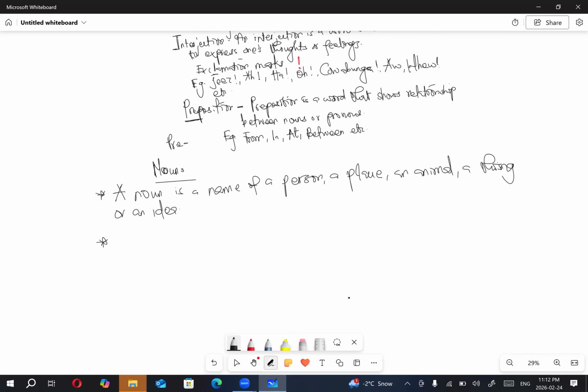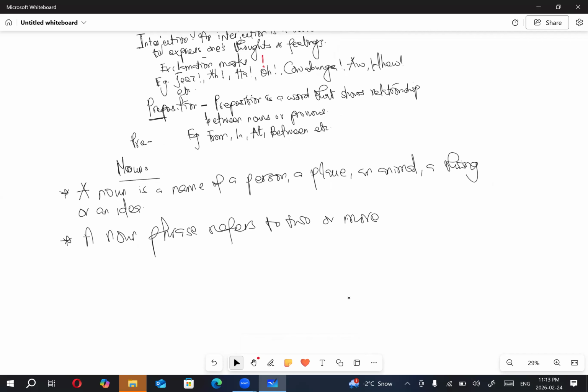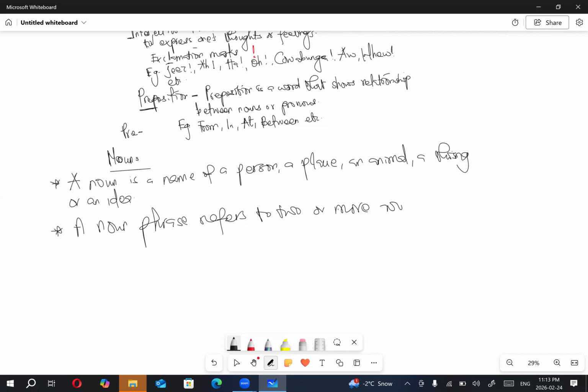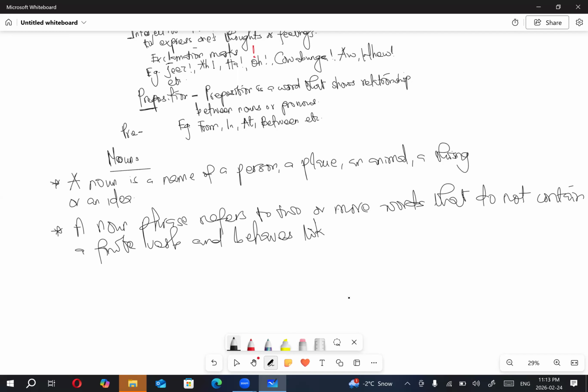Point two. A noun phrase refers to two or more words that do not contain a finite verb and behaves like a noun.